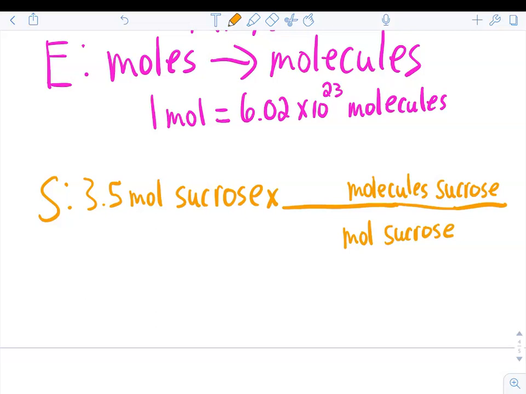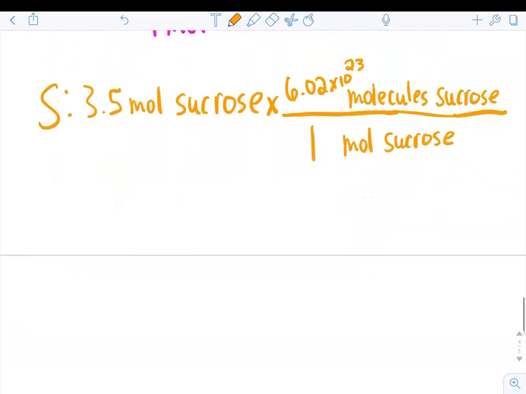Now, when we are doing single step conversions, the 1 will go with the mole, and then my 6.02 times 10 raised to the 23rd will go with the molecules. I want to show you how to type this in on your calculator.